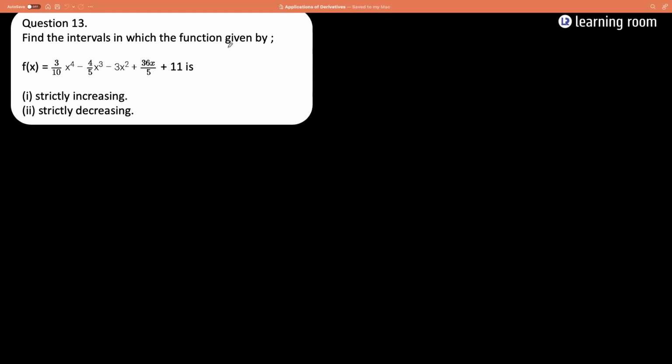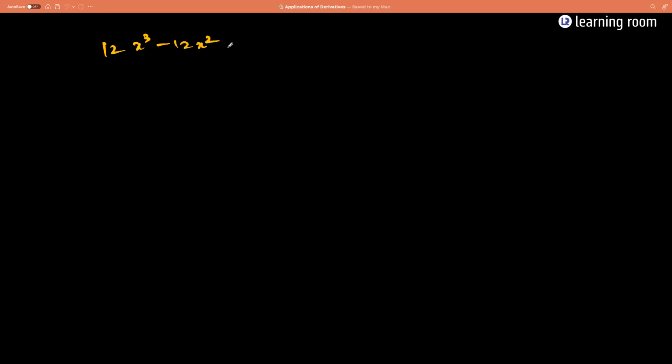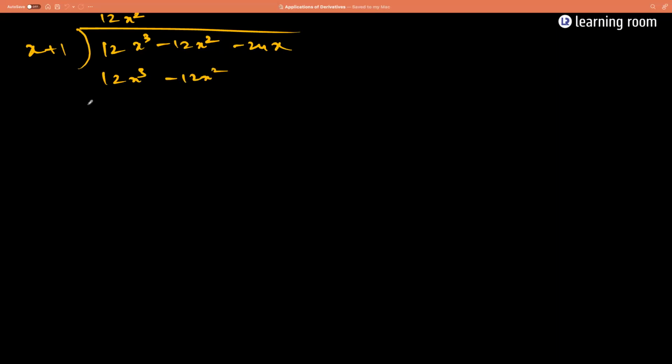Okay. So tell me, the 12x cube minus 12x square minus 24x, correct? This you want me to divide with x plus 1. So you'll start with 12x square here. So you'll get 12x cube minus 12x square. Am I right? So minus plus, cancel.